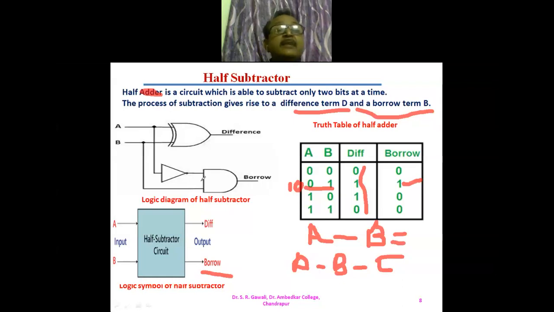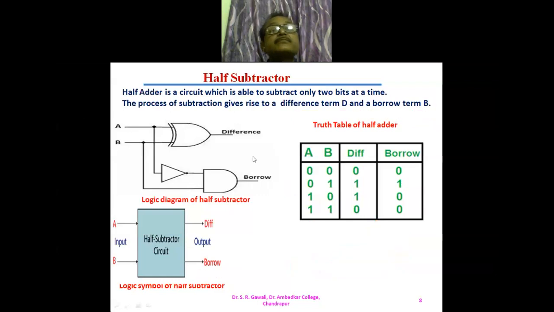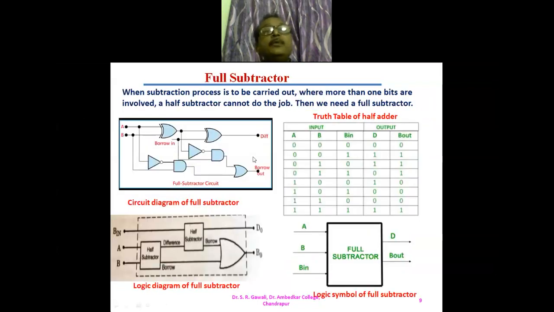When a subtraction process where more than two bits are involved is to be carried out, the half subtractor cannot do the job, and then we need a full subtractor.